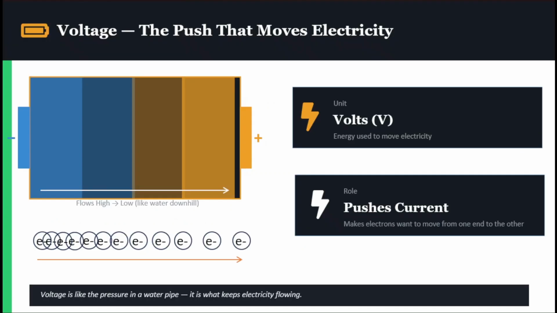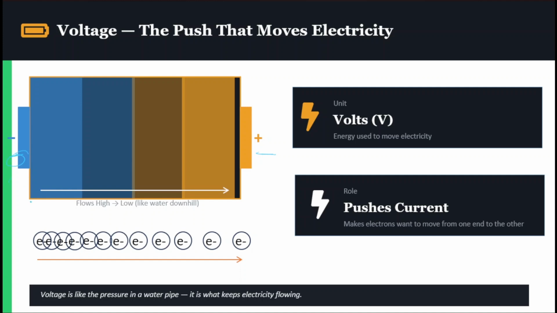Consider the case of a battery. This is a battery which has two poles. One is positive, another is negative. What is electricity? It is the flow of electrons. Where are more electrons there? Electrons are negatively charged, so they will be on the negative side here.